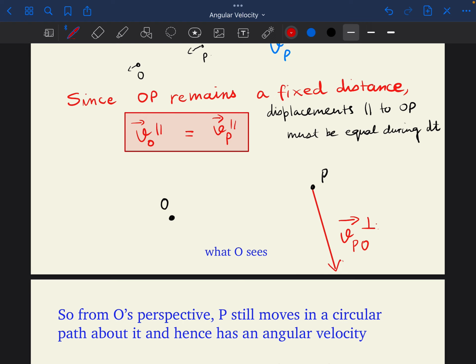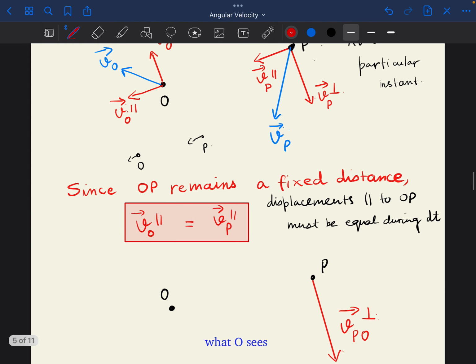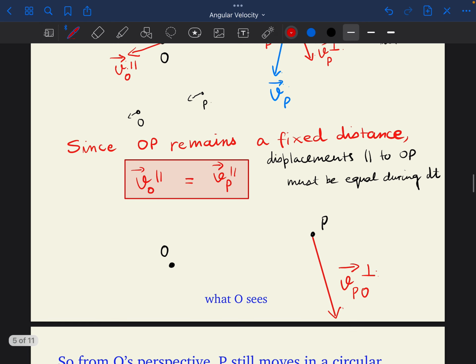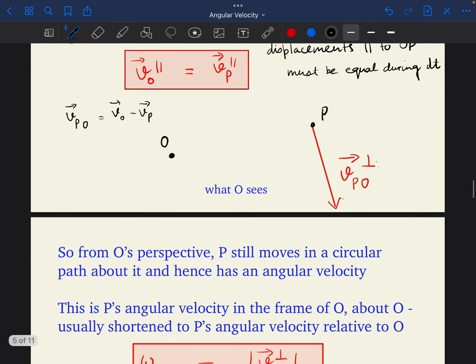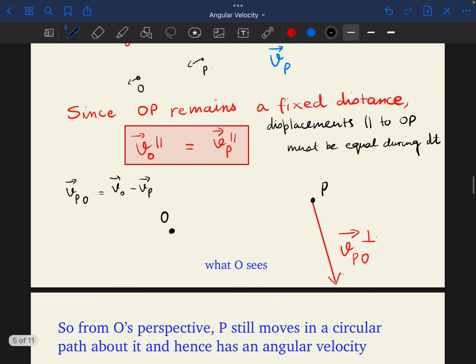I'm just applying the basic concept of relative velocity, which you all should know if you're watching this video, that Vp relative to O, this notation meaning velocity of P relative to O, is Vp minus Vo. Right? So this is the picture that O sees.